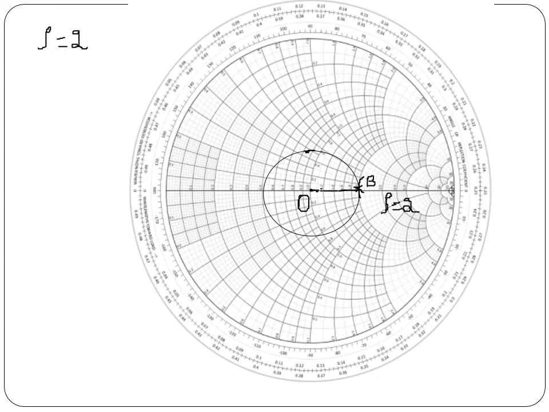We know that the horizontal radius to the left of the chart center corresponds to V minimum. It's given in the problem that the distance between V minimum and ZL is 0.15 lambda.